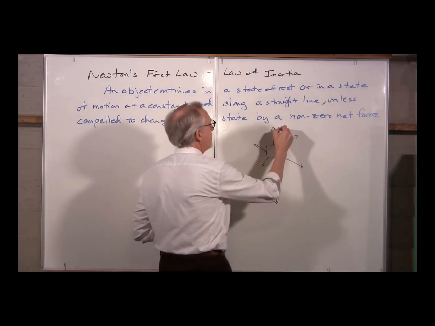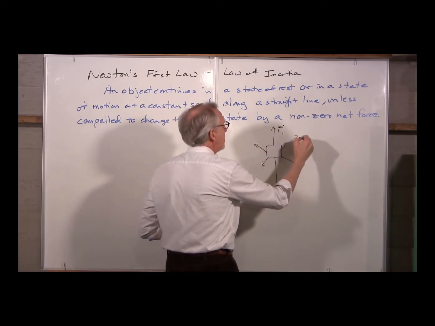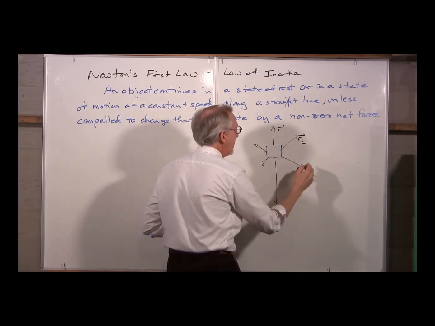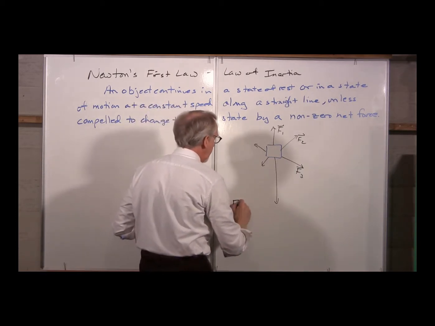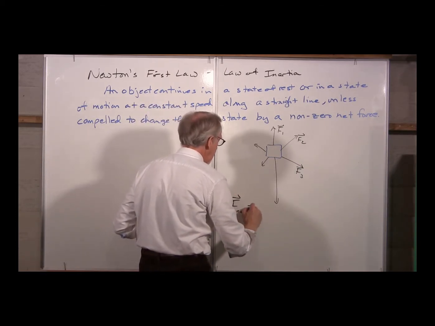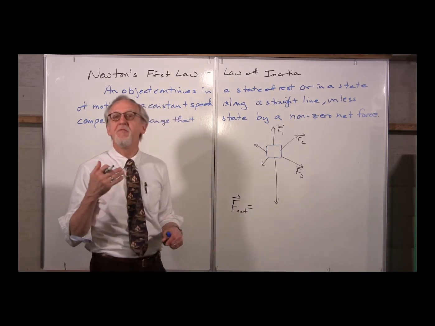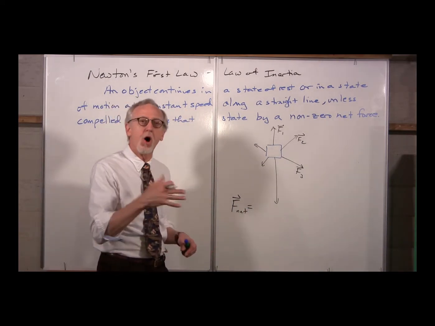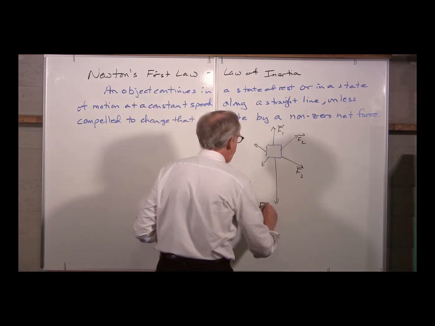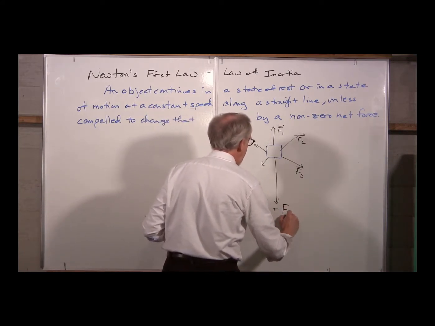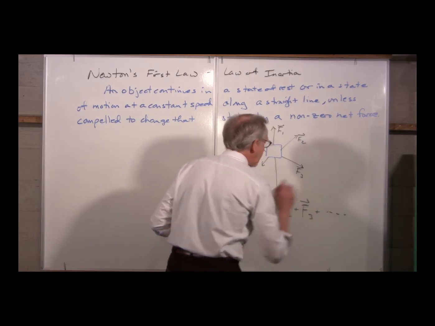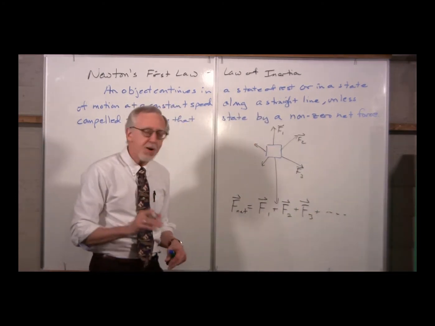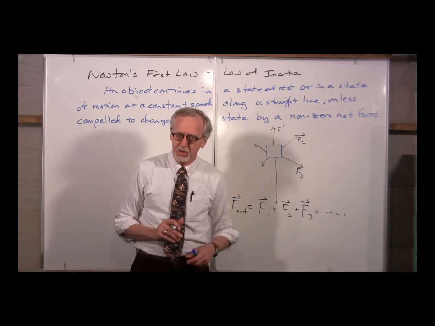We could call these F1, F2, F3, etc., as many forces as we want. The net force is then equal to the vector sum of all of these individual forces: F1 plus F2 plus F3 plus etc. Keep in mind, this is a vector sum.